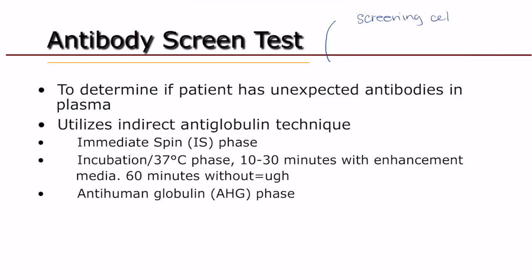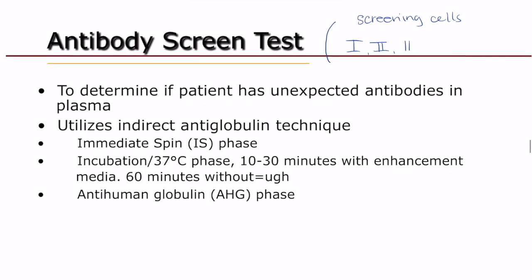They are usually screening cell 1, screening cell 2, and some sites are going to use 3. So there is any variation of 2 to 3 cells. And what we utilize them for is to determine if a patient has any unexpected antibodies in their plasma.